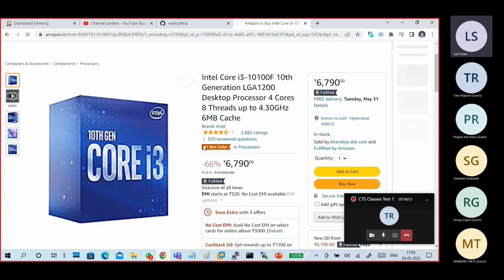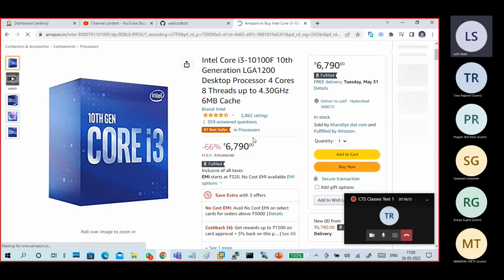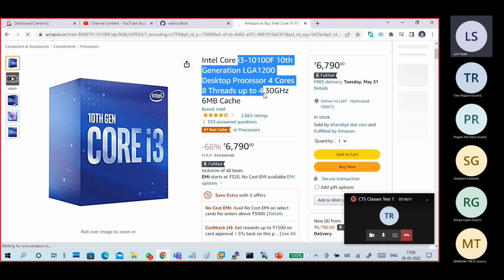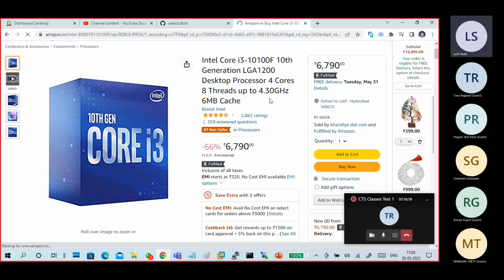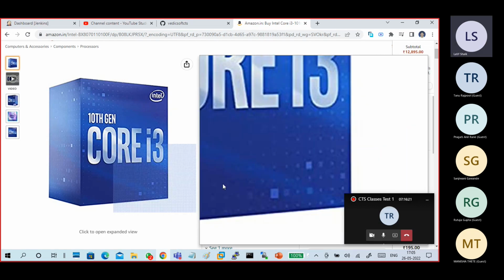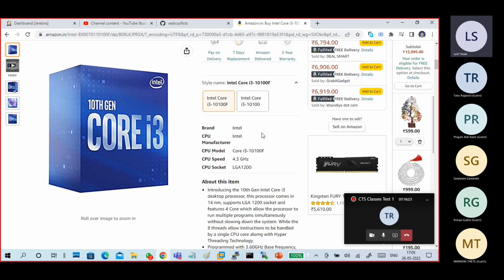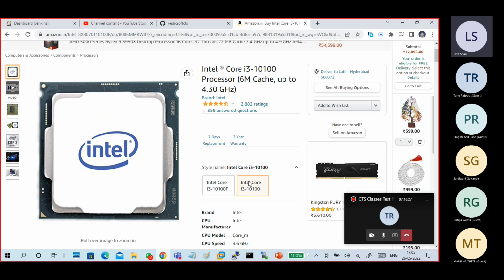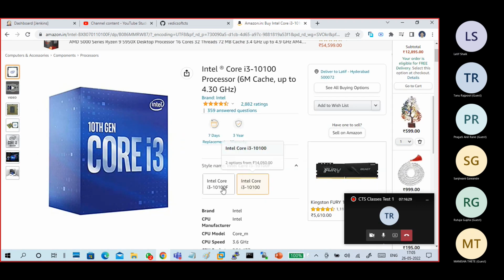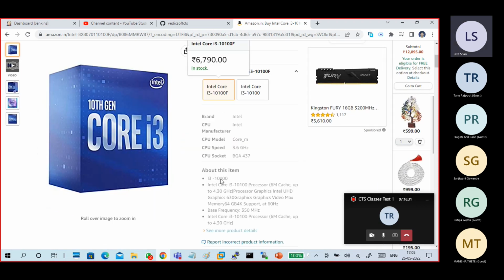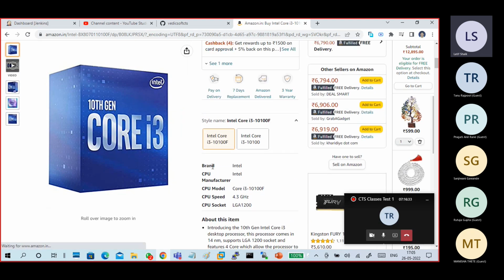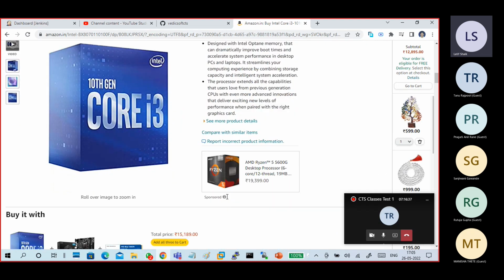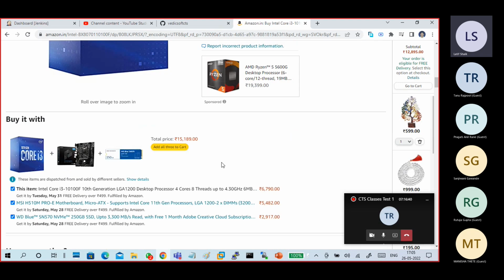The cost is much reduced, 6,700. Only one thing is you have to attach a graphic card. Again, you have to add at least some 2 GB graphic card. This cost is high. This cost is low. But this is a good processor compared to my 9th generation processor.